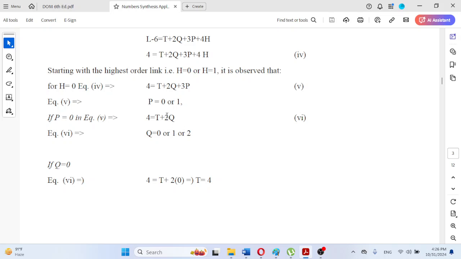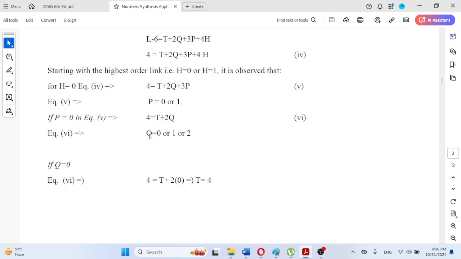It cannot adopt a value greater than 2, because if for example Q is equal to 3, 2 multiplied by 3 will be 6, so 4 minus 6 will be minus 2, so T will be equal to minus 2, which is impossible, because no link can ever assume negative values.